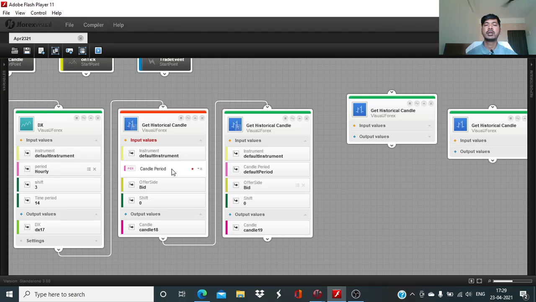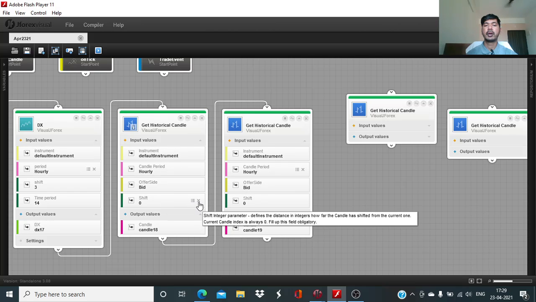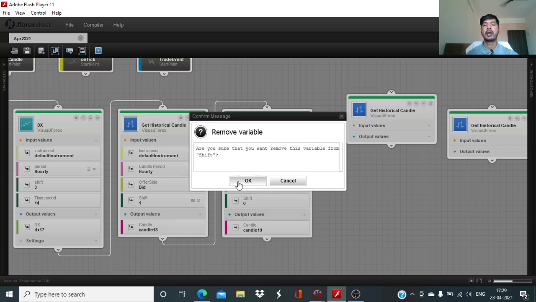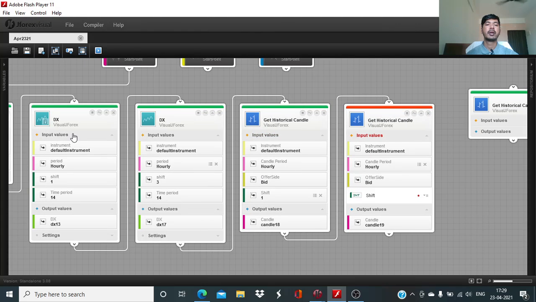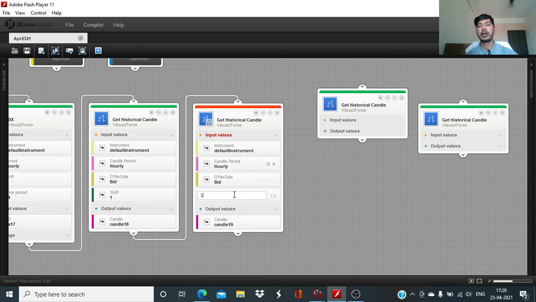This will need to be changed to hourly. And shift 1 and 3, as we are going to rely on the difference of 2 hours. The lookback period should be 1 and here in this case 3.